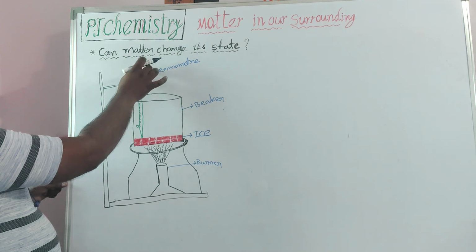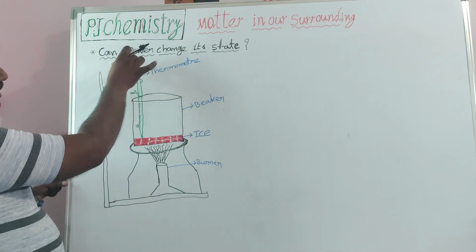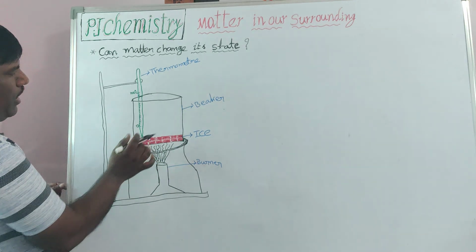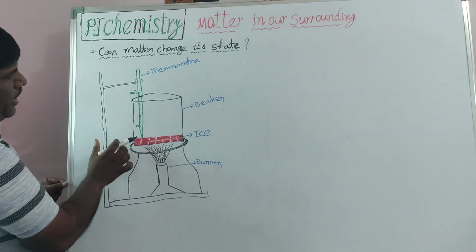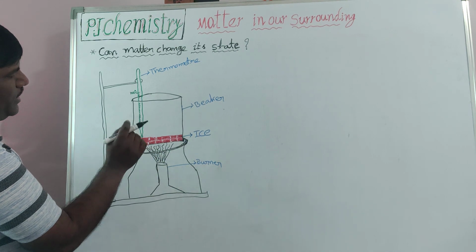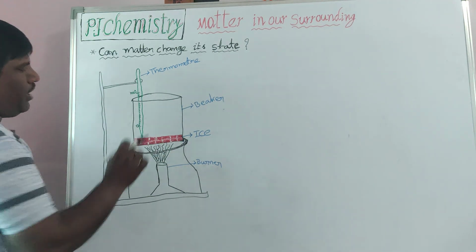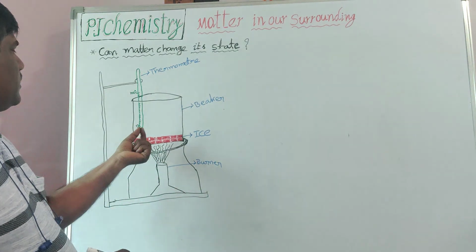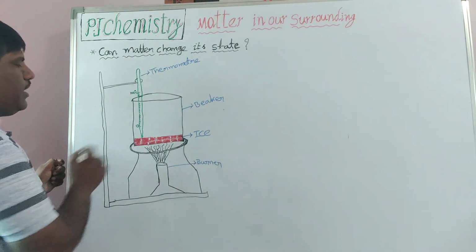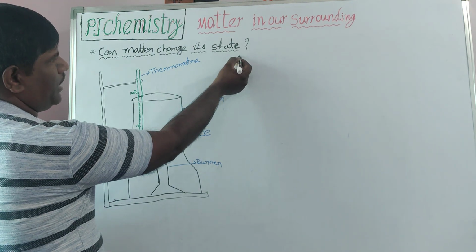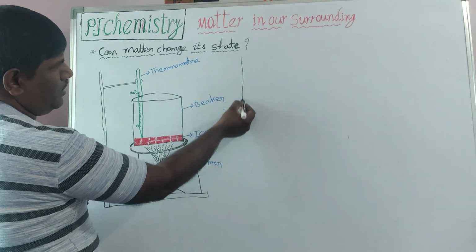A thermometer is fixed to the stand and inserted in the beaker. The thermometer edge should touch the surface of the ice cubes. Don't insert it into the ice cubes, just touch the surface. Now, what happened? We are going to discuss.